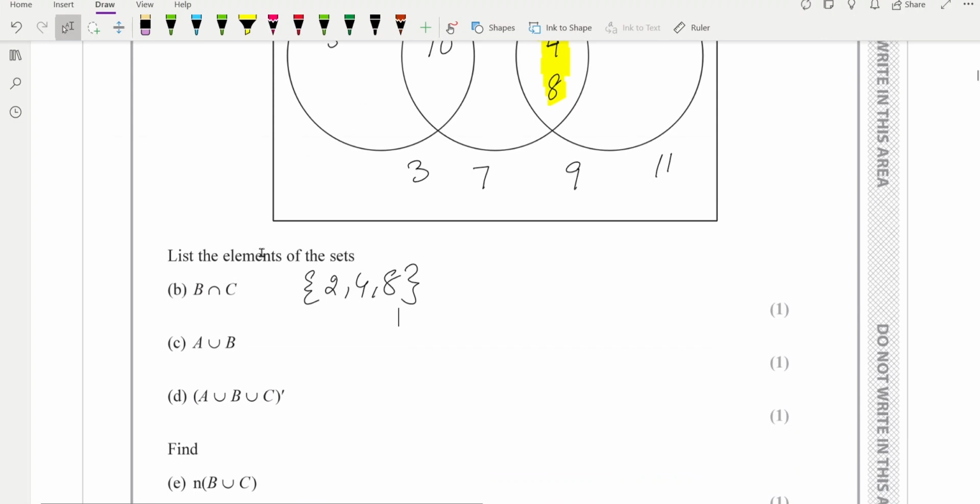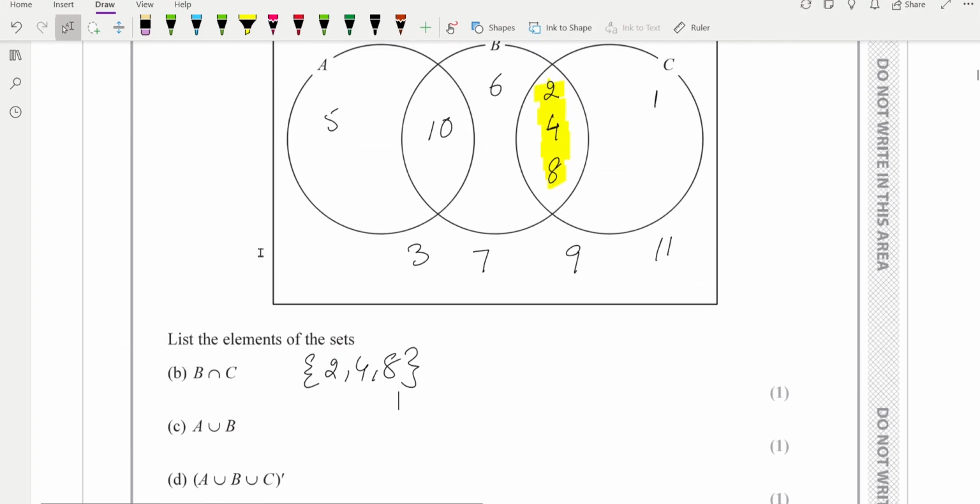Then they are asking for A union B. A union B is whatever is in A and B. A contains 5 and 10, and B contains 2, 4, 6.